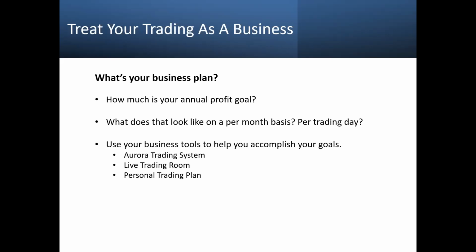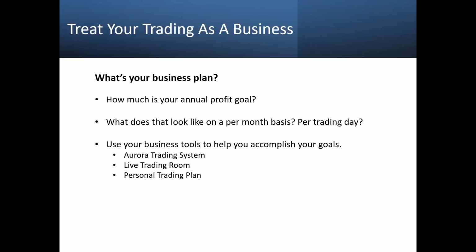So these are important things for you to evaluate for yourself. What is your annual profit goal? What does that look like on a per month basis? And then based on how many trading days are during that month, what is your goal per day? And you can use your business tools to help you accomplish your goals, such as the Aurora trading system.